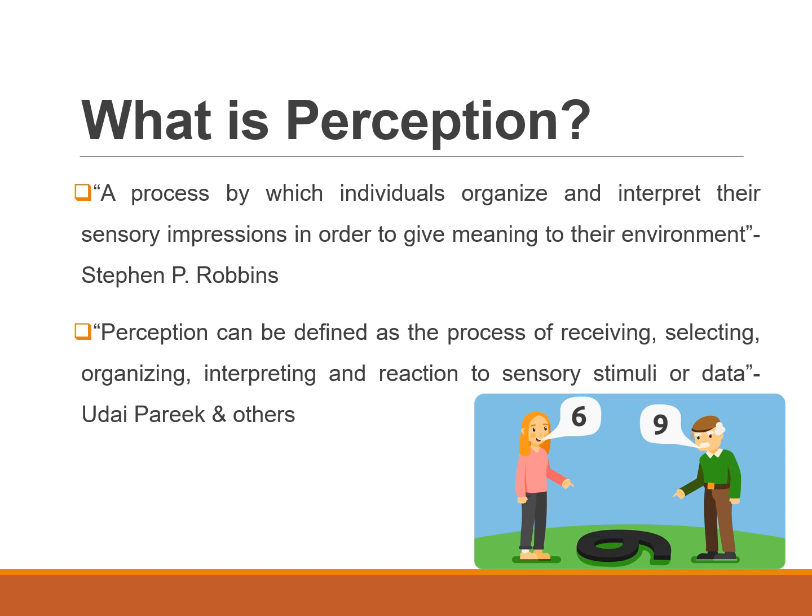That means different individuals interpret the same situation in a different way, because people have different personalities and different attitudes, so their perception also differs based on the personality and the background.